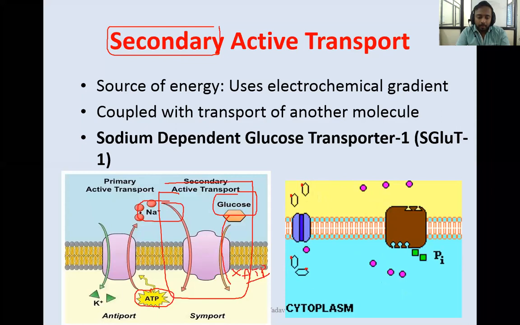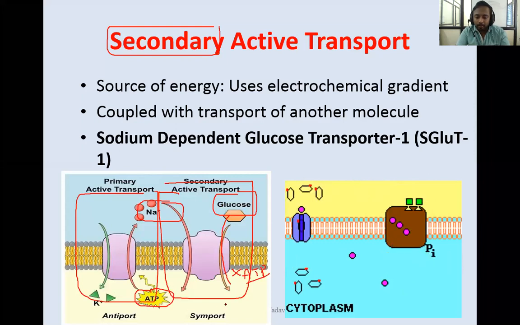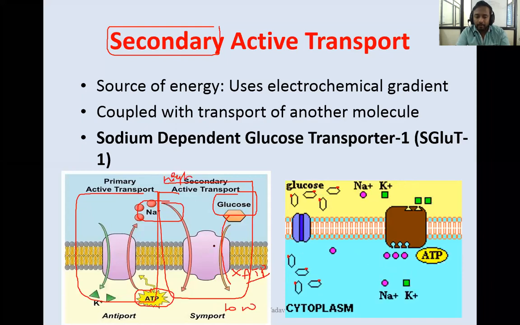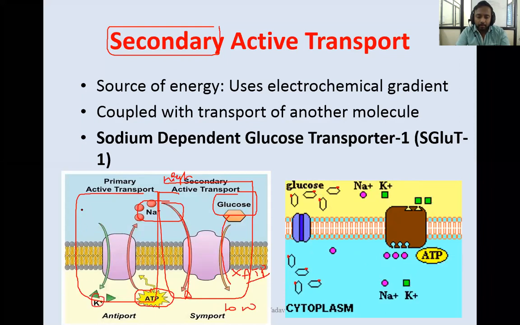Here, on the other side of the picture, sodium needs to be pushed out also, because the concentration of sodium is always low in the cell and high in the outside matrix. If this sodium is entering into the cell, it needs to be pushed out of the cell. That is through the sodium potassium pump.